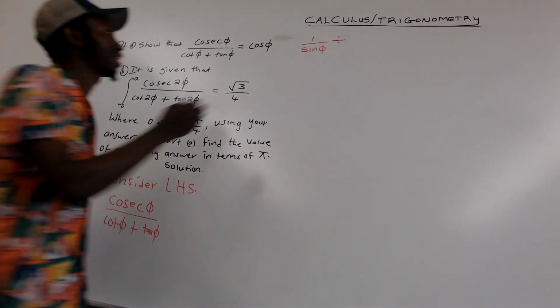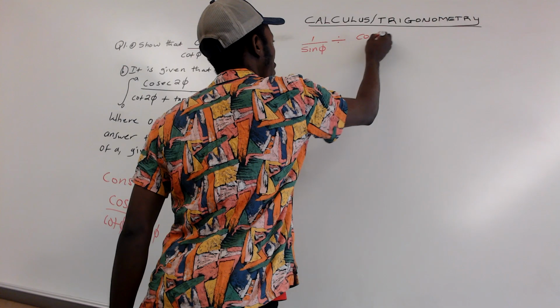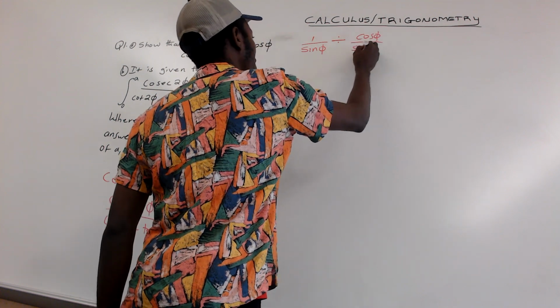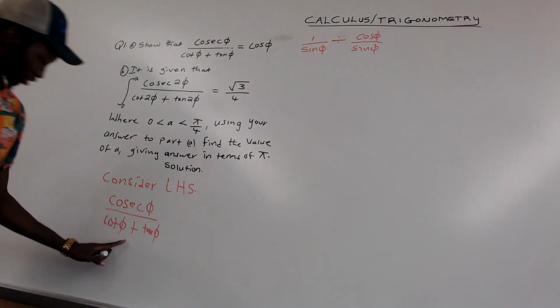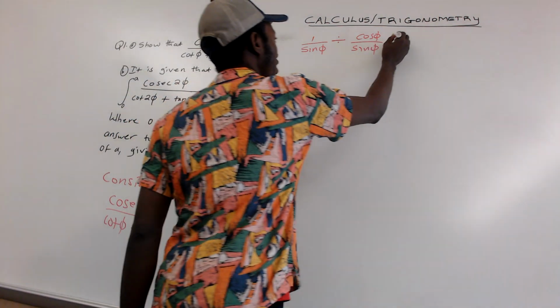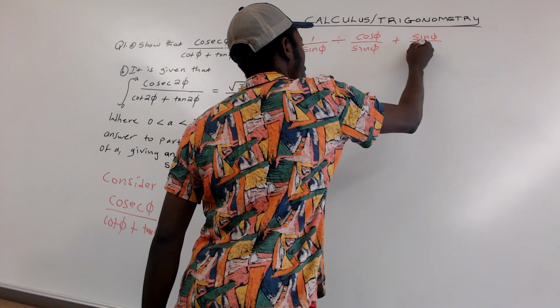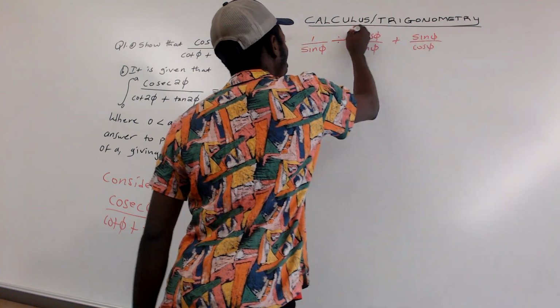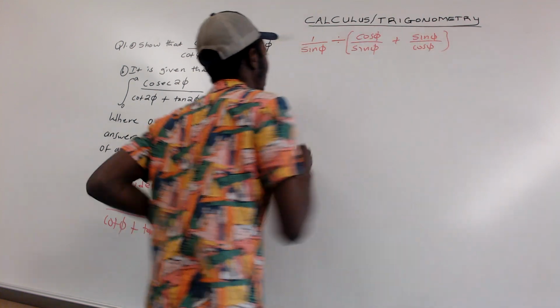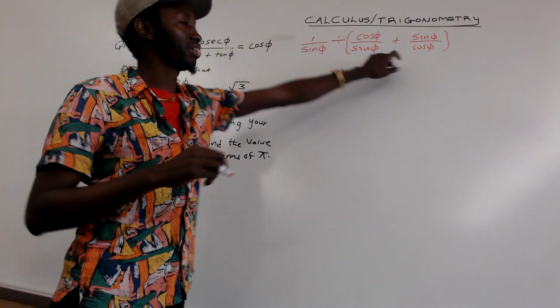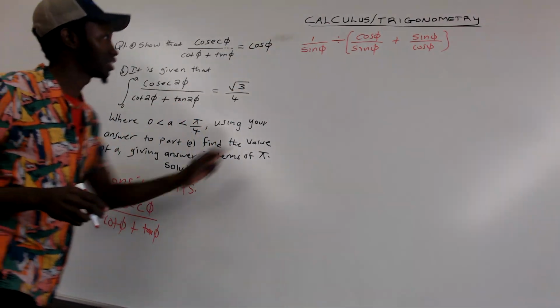But cot phi will be cos phi divided by sin phi, and we have a plus sign here, plus tan phi. Tan phi is going to be sin phi divided by cos phi. So let's put this in brackets. That's the numerator value divided by the denominator, because this division sign gave us this.